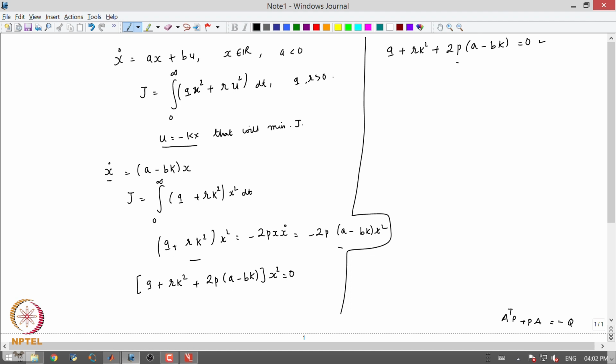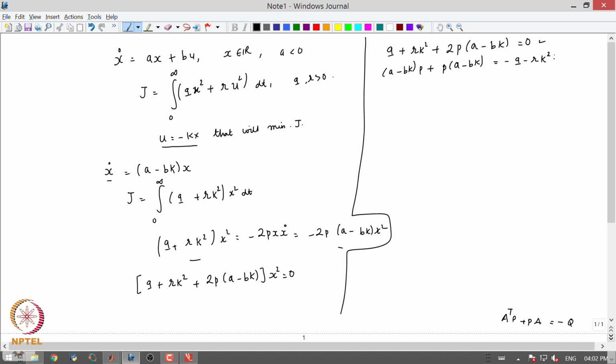Okay. So the equivalent of that here in this optimality case, in the scalar case, I can write it in the following way: a minus bk times p plus p times a minus bk is minus q minus r k square.